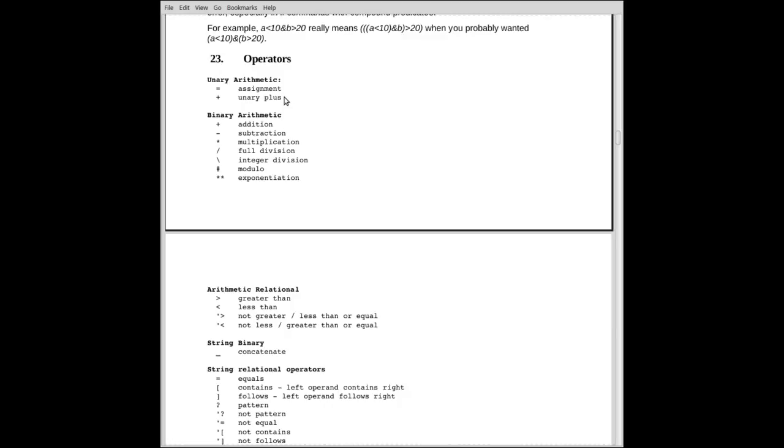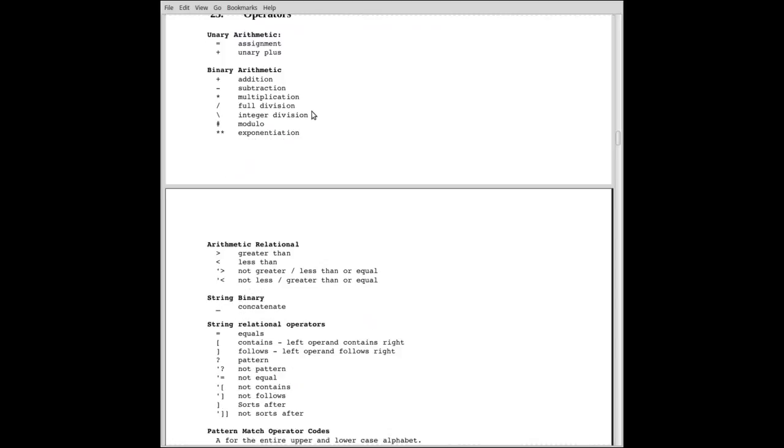Unary plus, as we saw earlier, doesn't really do anything. But if it's applied to a string, it'll force a numeric interpretation on the string. The result will be whatever the numeric interpretation is. So if you had plus on a string, quote, 111 ABC, the result would be 111. It forces a numeric interpretation.